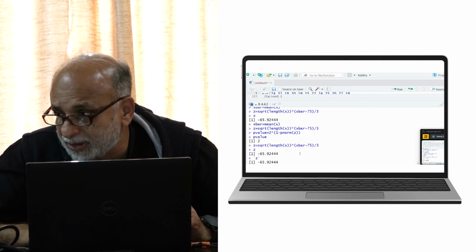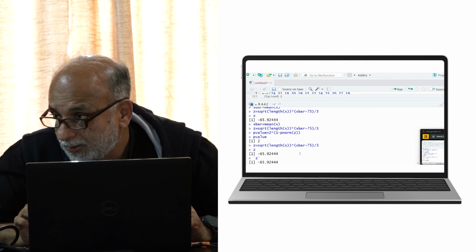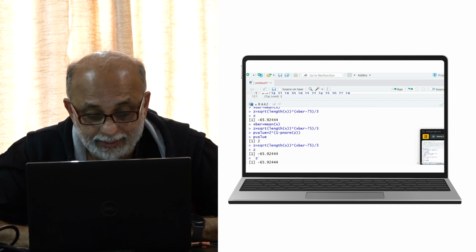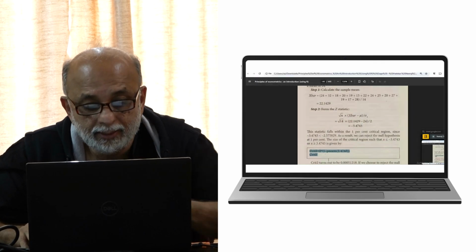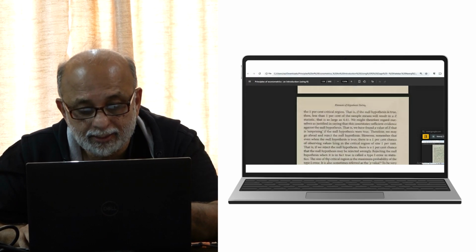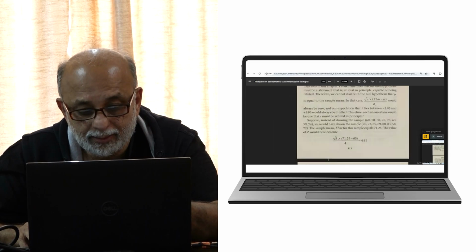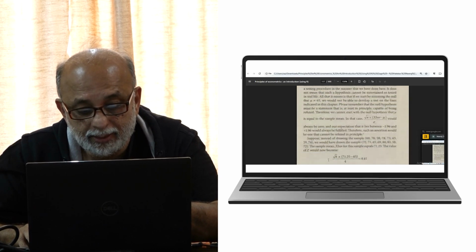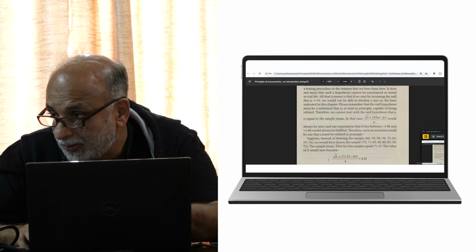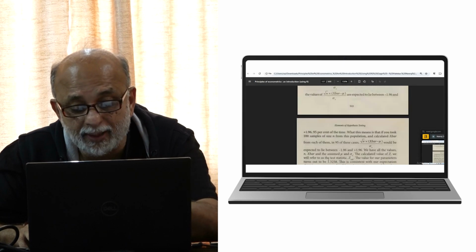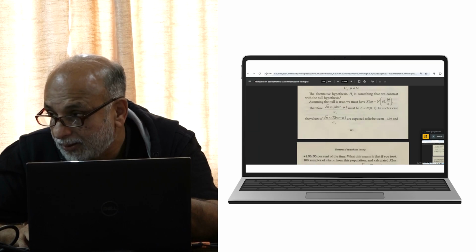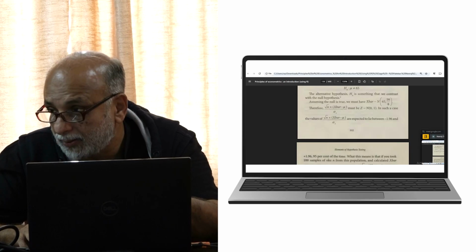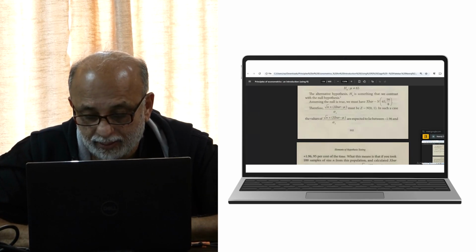No, see, it is x bar minus mu by sigma by root n. Shouldn't we divide the whole by 3, like back in R? We have divided it just with x bar minus mu.